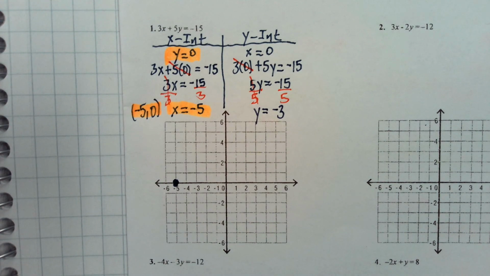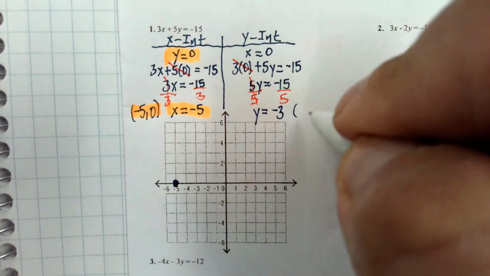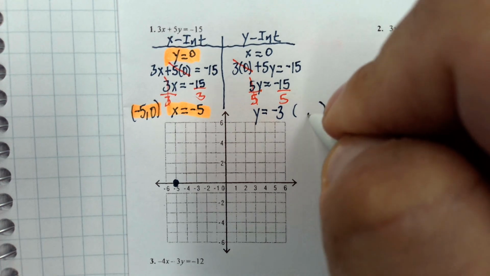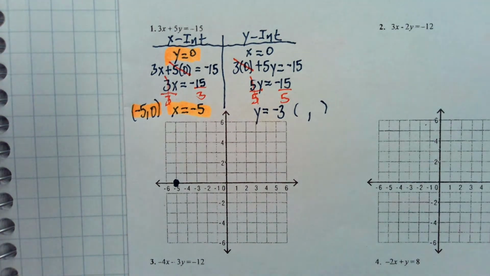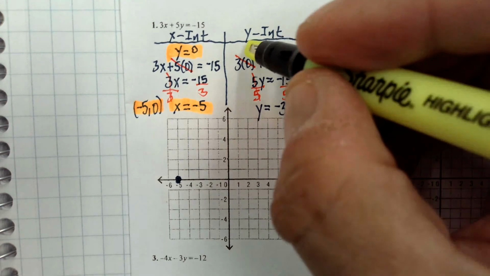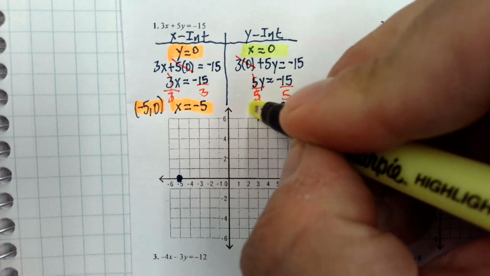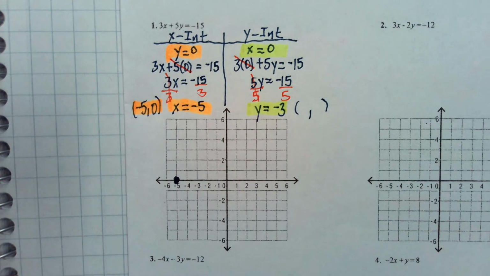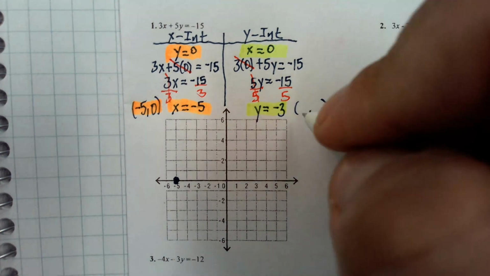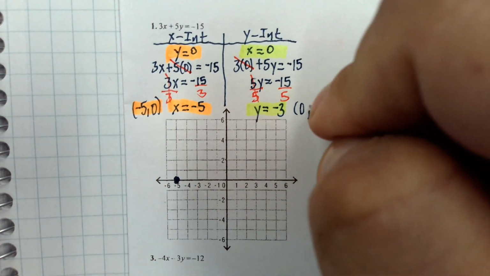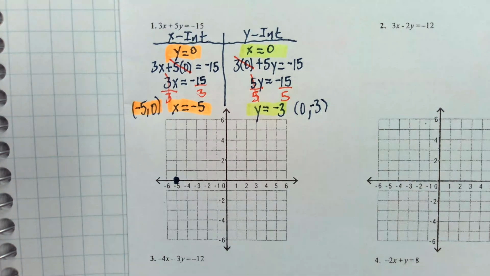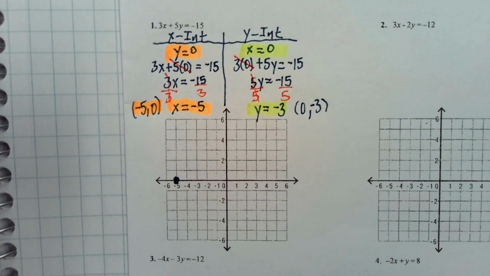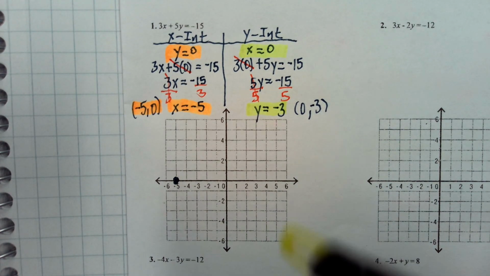Okay? So now that gives me my new ordered pair. I know that x is 0, and y is negative 3. So let's write down those numbers. X is 0, and y is negative 3. That's the coordinate I want to graph here.